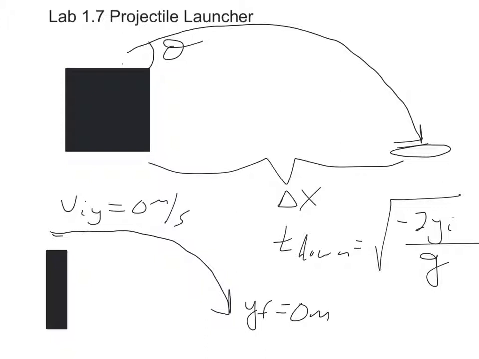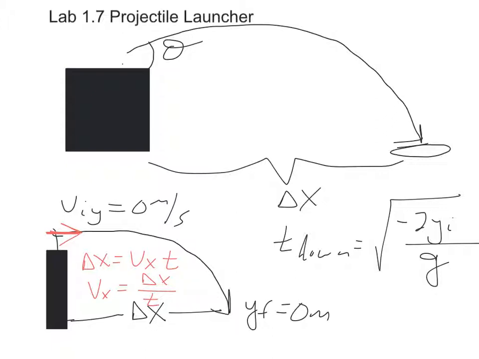The other thing that I can measure is my displacement. That's my delta x from the lab station, or from wherever it was launched, all the way to the edge. For that, I have that my delta x equals my velocity in the x direction times the time. If I'm solving for the velocity in the x direction, that's Vx equals delta x over t, and conveniently, that is the velocity in the x direction right here when it leaves, because it's always the velocity in the x direction.